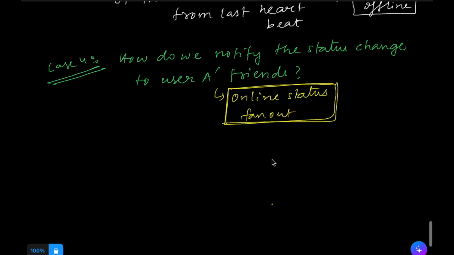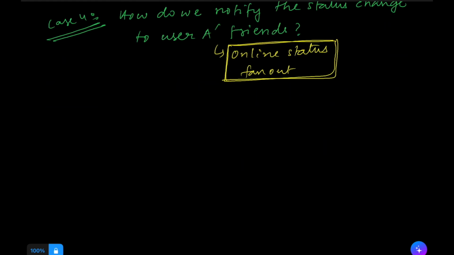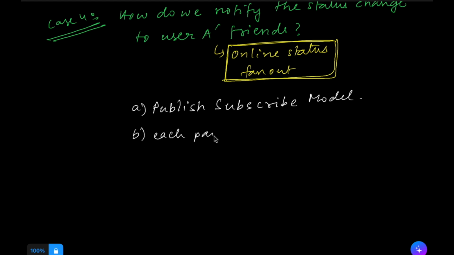So for that, what we use is a publish subscribe model. Each pair of friends has a channel between them.